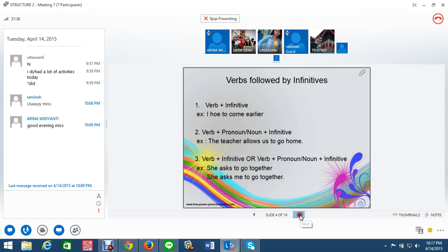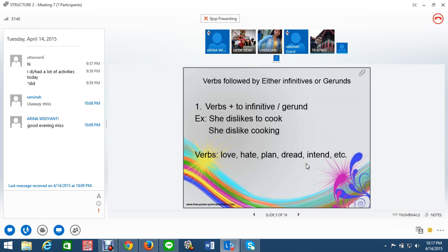And then next slide. Okay, verbs followed by either infinitive or gerund. Jadi diikuti oleh infinitive atau diikuti oleh gerund. Okay, here verbs followed by either infinitive or gerund. So we can use one of these.